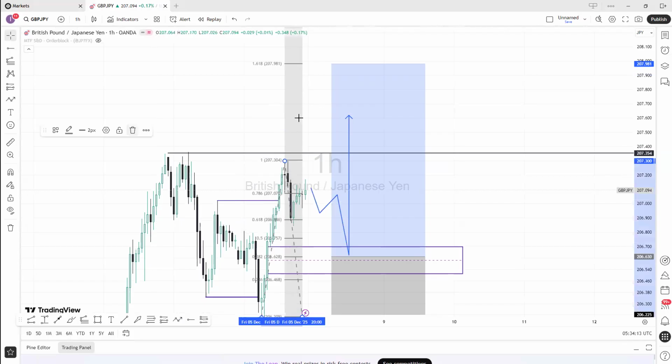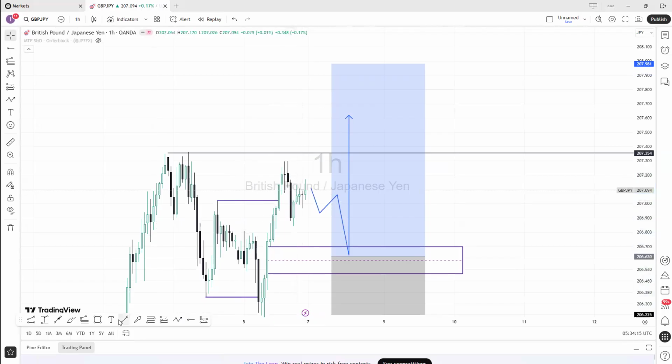But where will our take profit number one be? Our take profit number one will be on that previous high. TP1 will be on that previous high. And then TP2 will be on that extension level. That will be our take profit number two. Okay, very, very simple. That is GBP JPY.